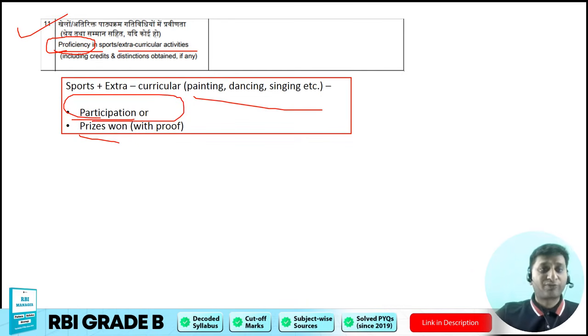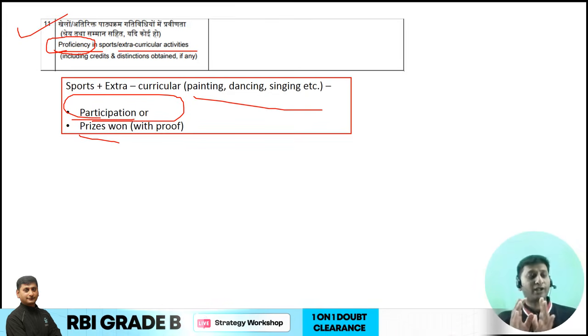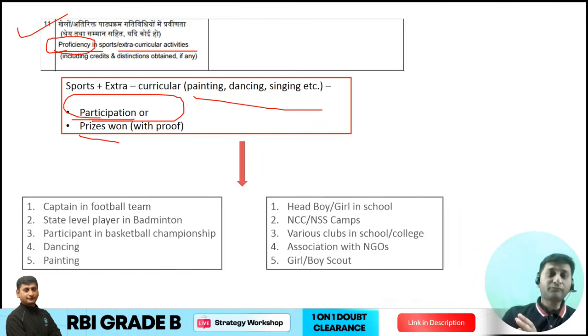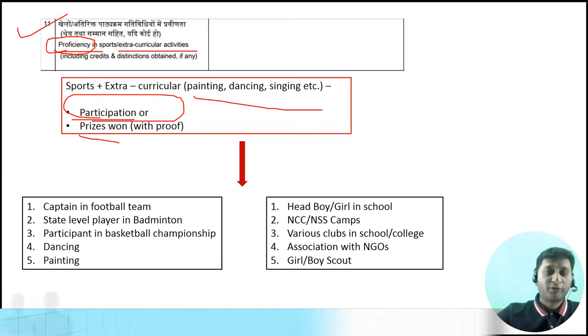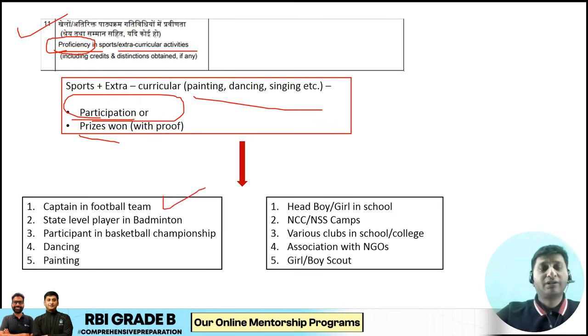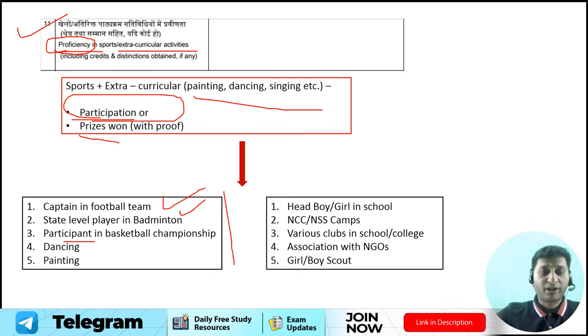So I hope this is very clear to you. The point number 10 and point number 11 here, many people are confused as to what to write and what not to write. So these are some examples that you can write. Say you were captain in your football team, state level player in badminton. So this is all about participation, right? They have not won anything, but they participated in basketball.